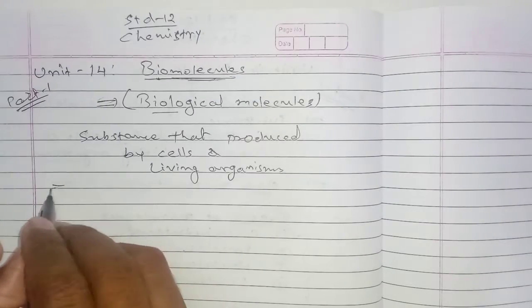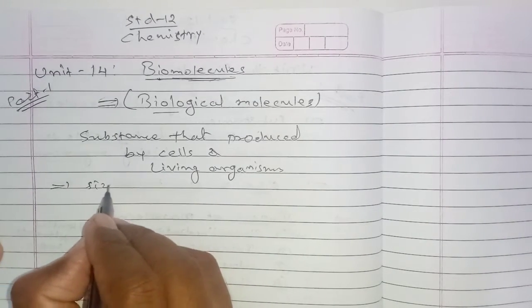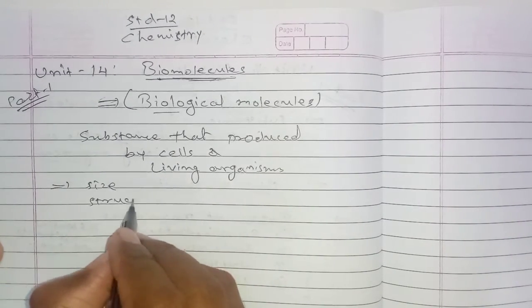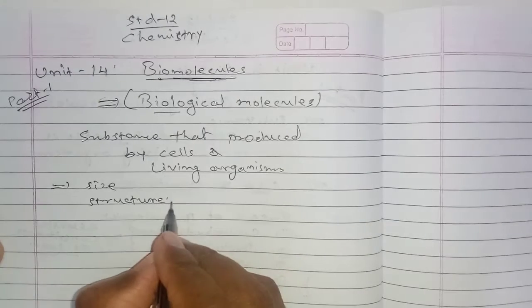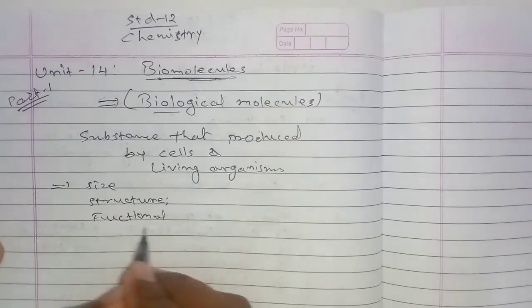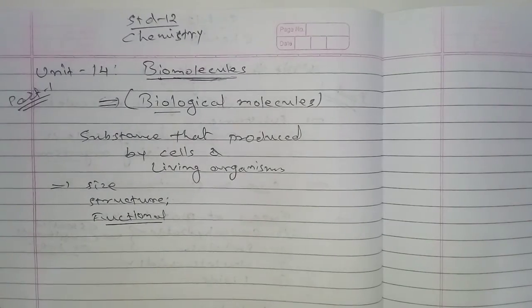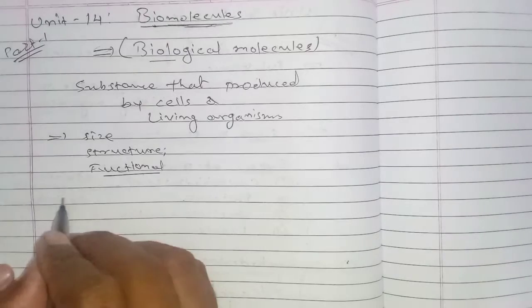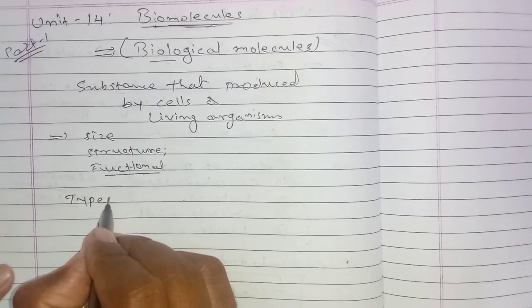They vary in their size, structure and their biological function. There are four major types of biomolecules.